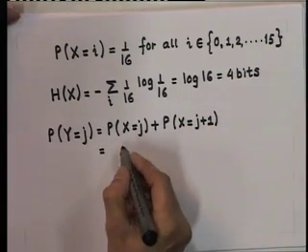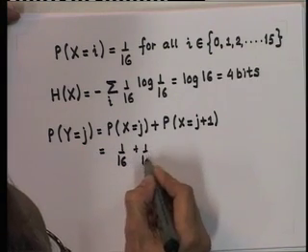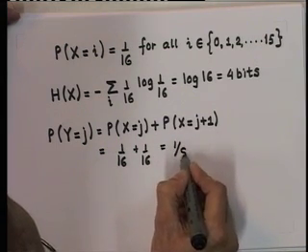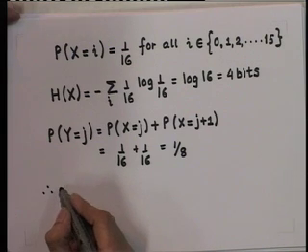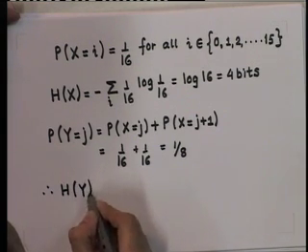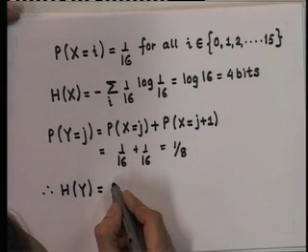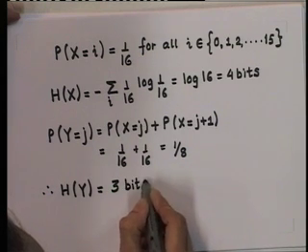So, this is equal to 1 by 16 plus 1 by 16 is equal to 1 by 8, and therefore, the entropy for the reconstructed output, that is H of y, is equal to 3 bits.